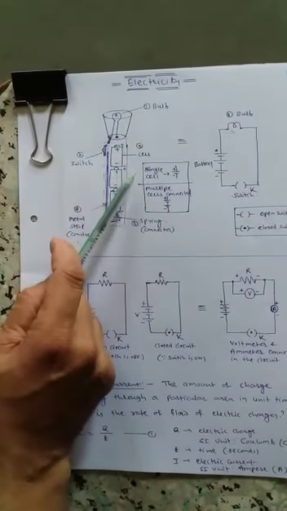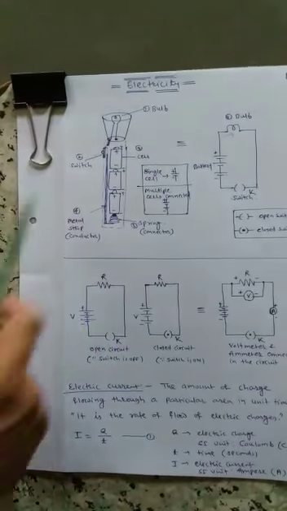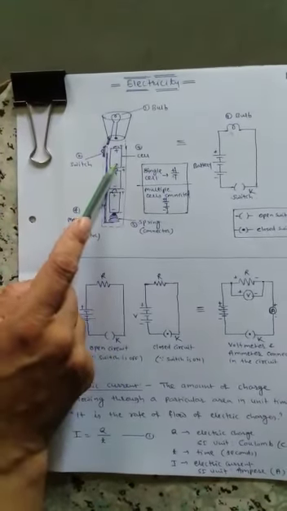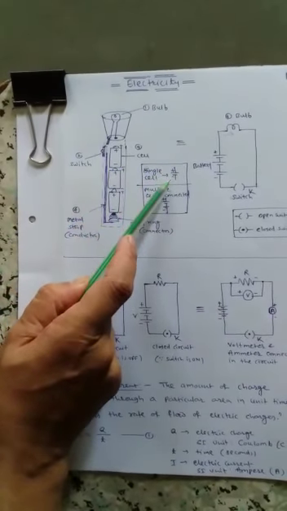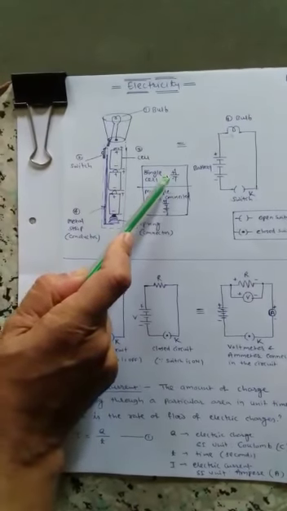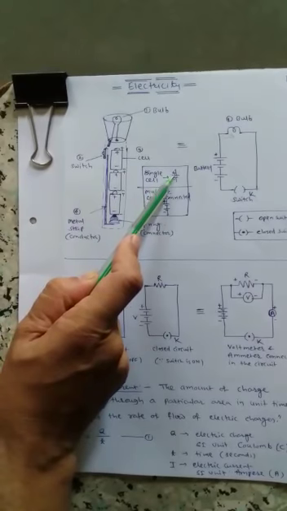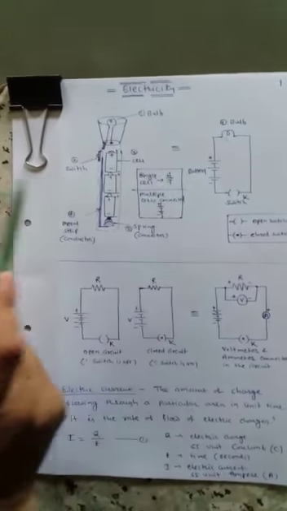How is a cell represented? There are symbols used for each and every element of this torch. For the cell, we use this symbol showing the positive terminal and the negative terminal. You will find that the positive terminal is somewhat more elongated, or bigger, than the negative terminal.